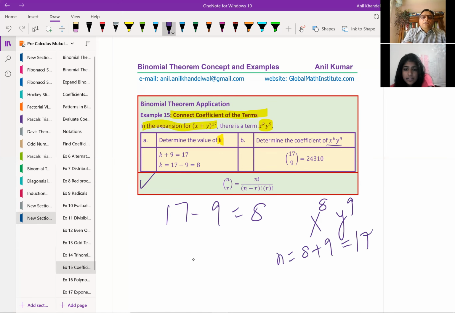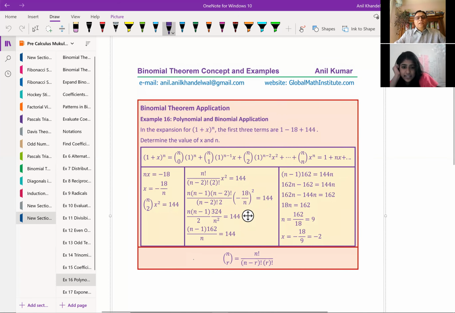I just took it from the question. You're smart. Nice and simple. Then you use the calculator for this and get your answer. Perfect, good job.